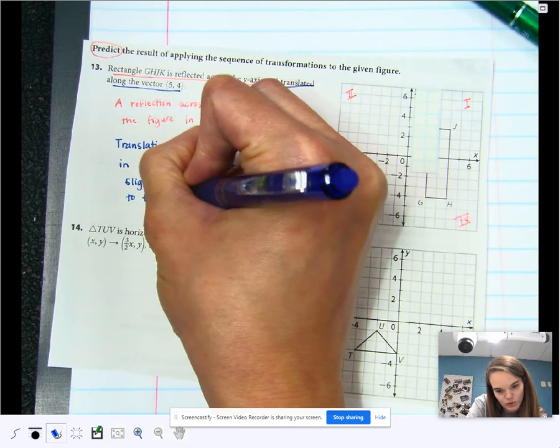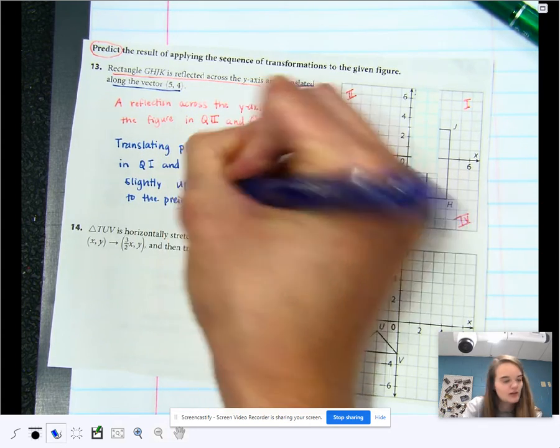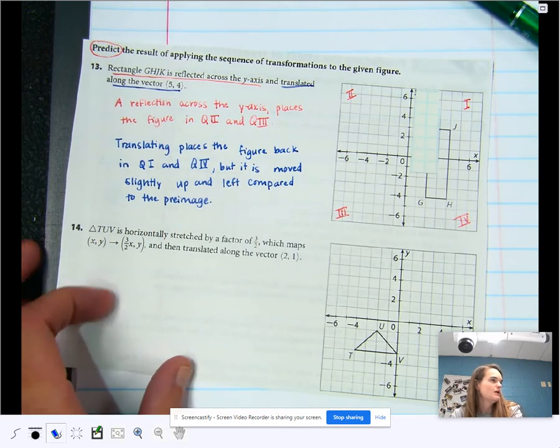You are predicting, you are writing about what's happening, okay? That's what you need to write.